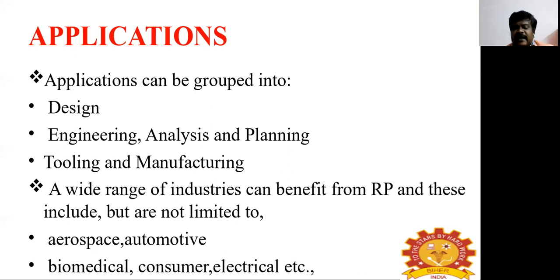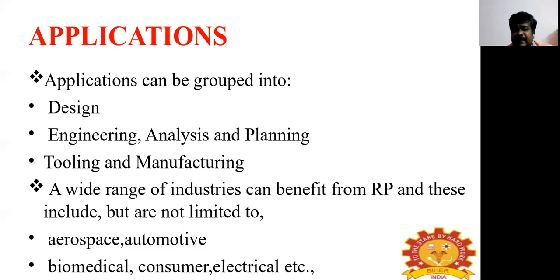That is highly possible, whichever we cannot make or which is limited by traditional means, in RP it is possible. Whatever is not possible by traditional means, even complicated shapes, the RP machine fulfills all the requirements, even in electrical, any type of electrical components, which we can produce by means of our RP machine.